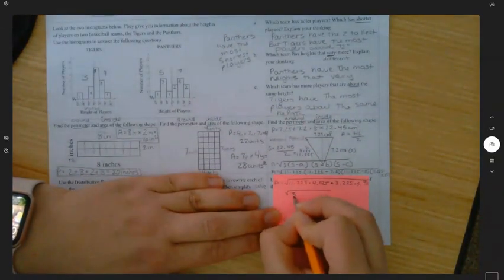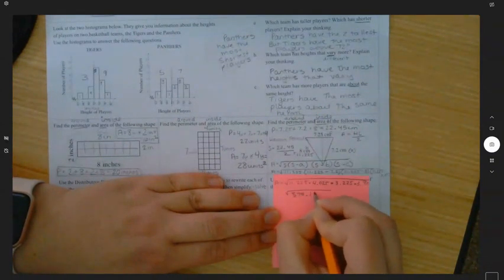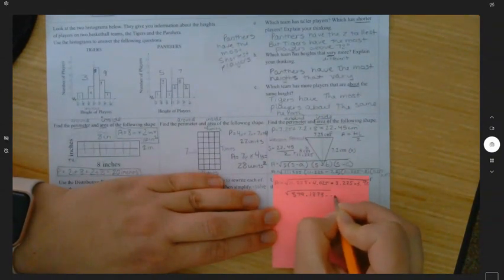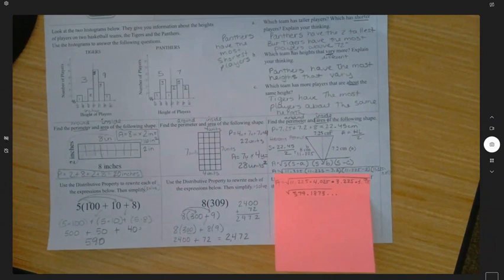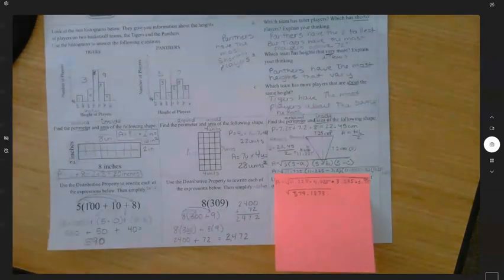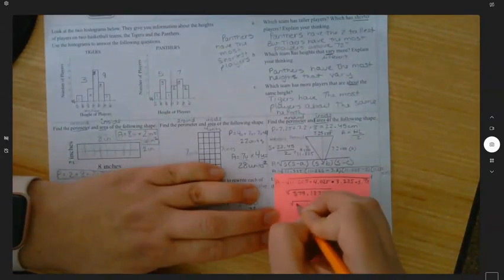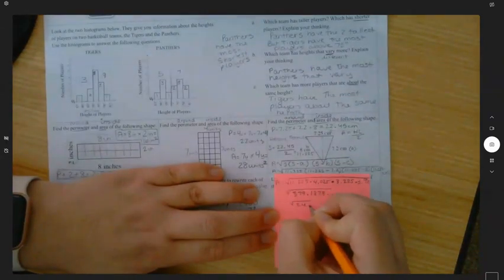And that is equal to 579.1873... And we would need the square root of that, which would be about, looks like 24.066... So there's the answer. I know that was a lot, but good for you for trying if you did.